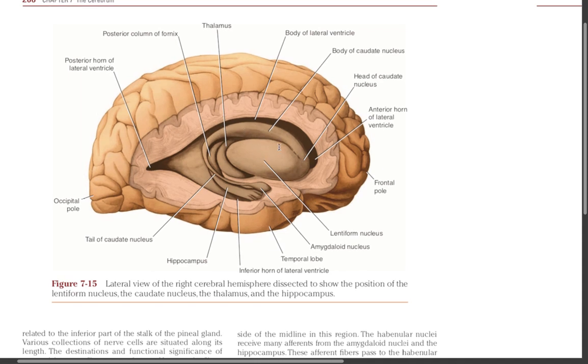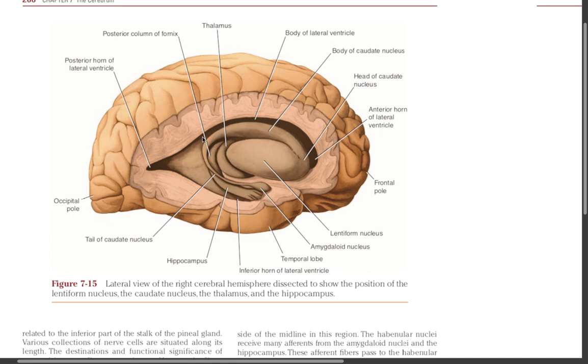This tail-like structure, the thin long one, is called the caudate nucleus. These are the subtypes or subgroups of the basal nuclei. The caudate nucleus has three parts: the body, the tail, and most anteriorly the head. So the head, the body, the tail.